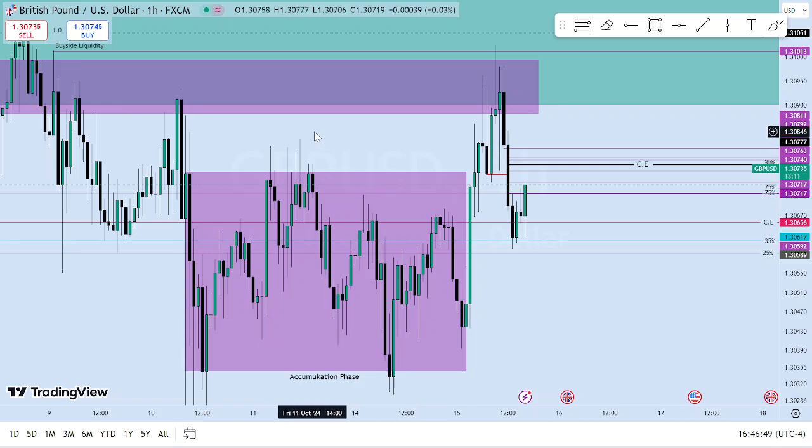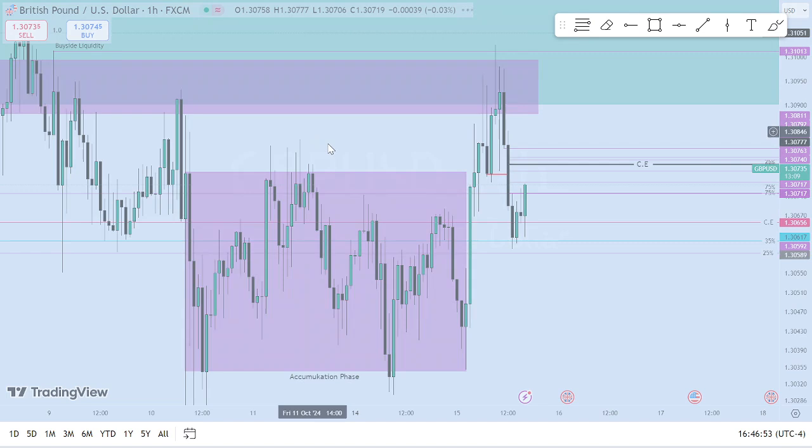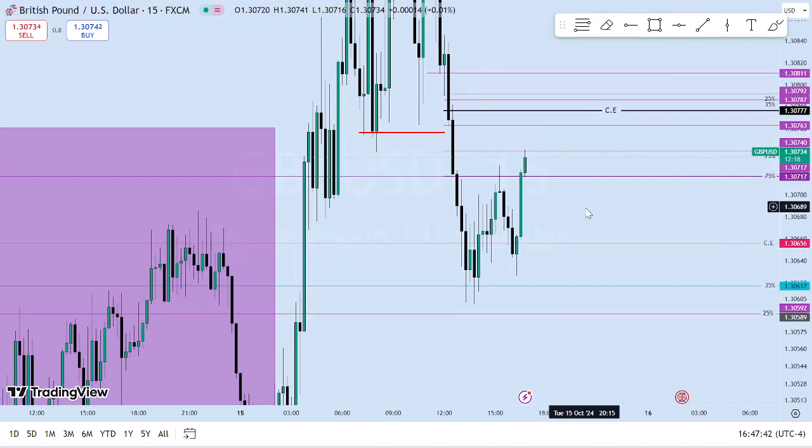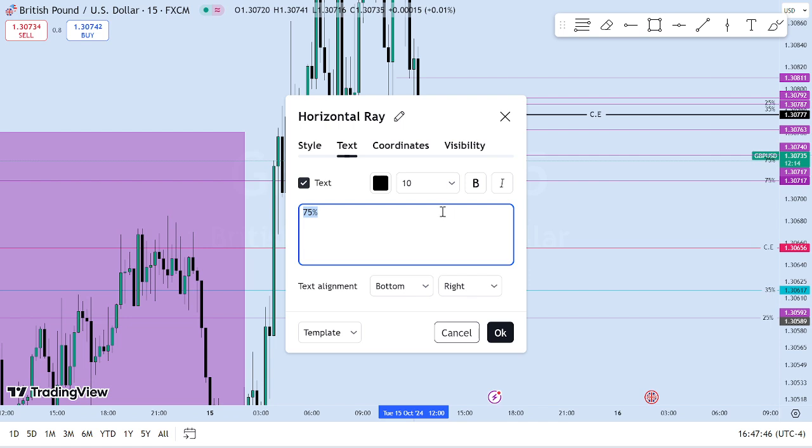You can go as low as 15 minutes. We have here on 15 minutes, we have traded to the 75% level.